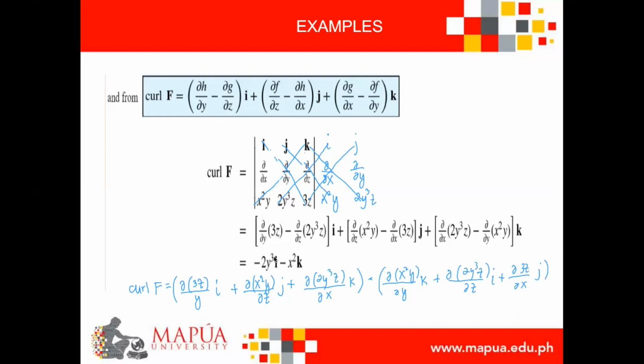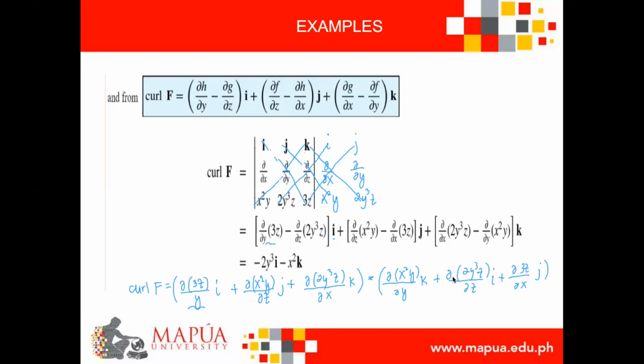If you look here, do we have the same answer? So we have here partial derivative of 3z with respect to y times i. So this is using the formula here.